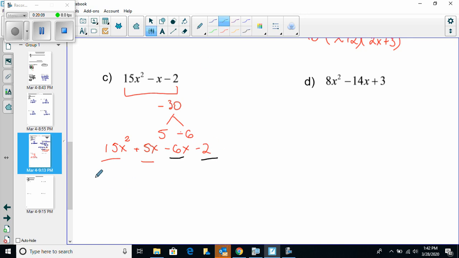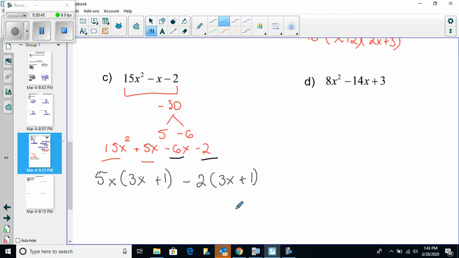Now, between those two terms, what is common is 5x. So this will be 3x plus 1. And between those two terms here, negative 6x and negative 2, the common factor is negative 2. So when you take away negative 2 from negative 6x, you will have 3x. And when you factor out negative 2 from negative 2, you will have plus 1.